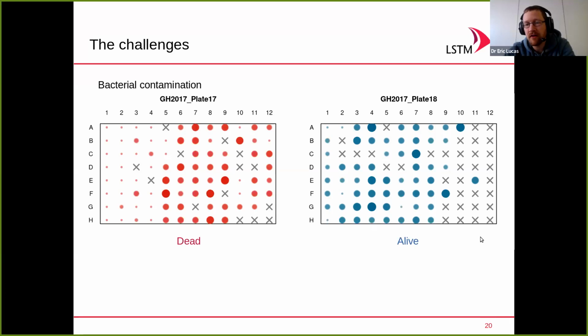You can see that all of the alive samples had a decent amount of contamination. The dead samples had a mixture, but it was very much dependent on where you were on the plate. The left-hand side tended to have very little contamination, and the right-hand side tended to have quite a lot. So there's no reason to believe that the bacterial reads were present in the mosquito before they died, essentially.